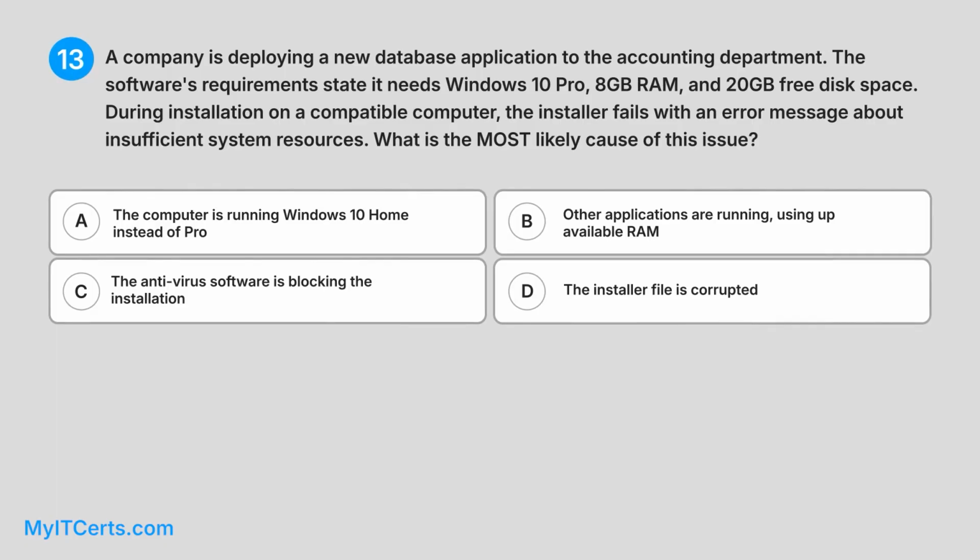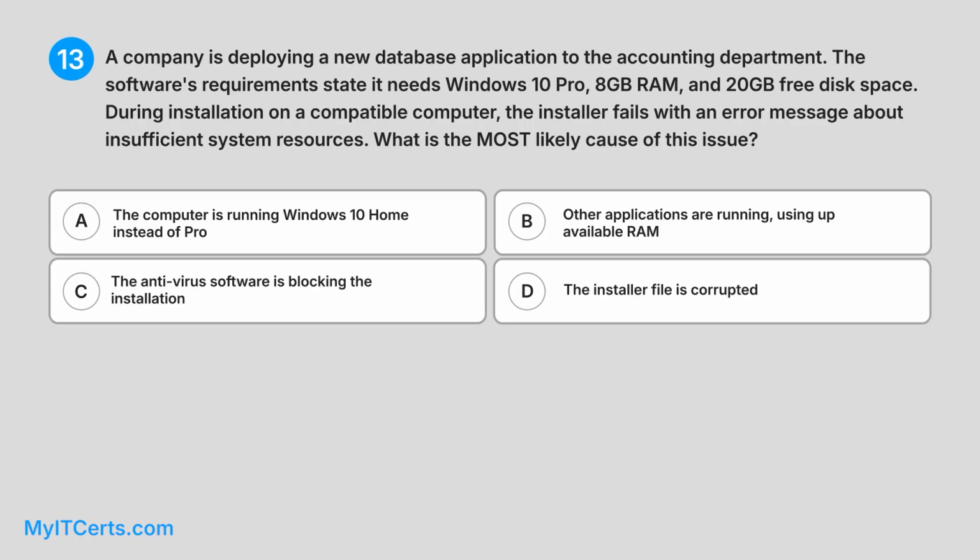13. A company is deploying a new database application to the accounting department. The software's requirements state it needs Windows 10 Pro, 8 GB RAM, and 20 GB free disk space. During installation on a compatible computer, the installer fails with an error message about insufficient system resources. What is the most likely cause of this issue?